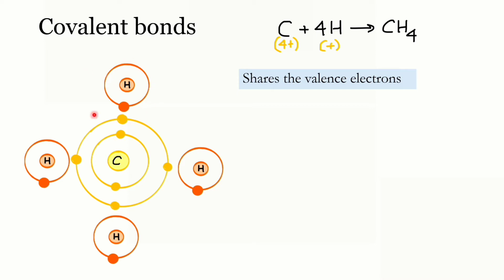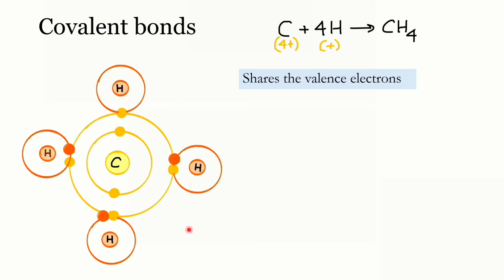The hydrogen atom has an atomic number of 1. So it has only one single orbit and one unbalanced or unstable valence electron. So each of the hydrogen atoms is going to share its outer valence electron with the carbon atom, thereby becoming stable themselves and stabilizing the carbon atom, forming methane.